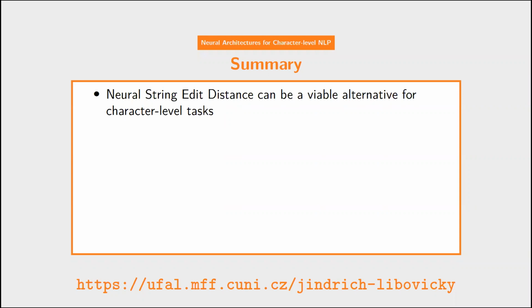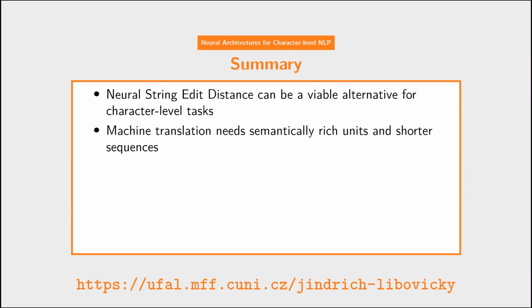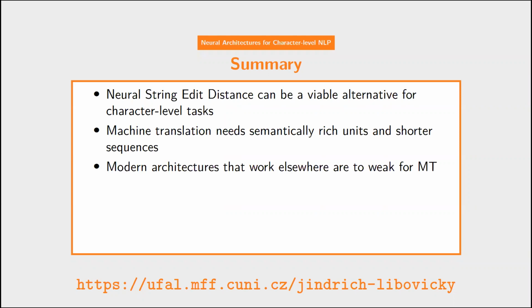So to summarize, we came up with a neural string edit distance, which might be an interpretable alternative for some character level tasks. Machine translation seems to need some semantically rich units and work on shorter sequences. Modern architectures for character level processing that work well in other tasks, especially in the pre-trained representations, do not work that well in machine translation.